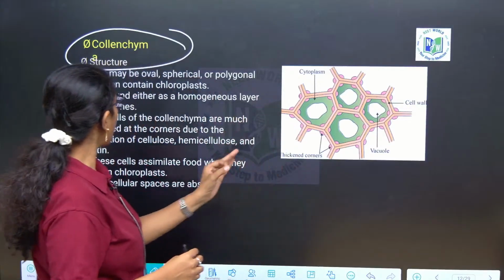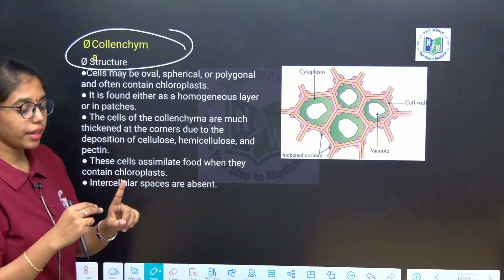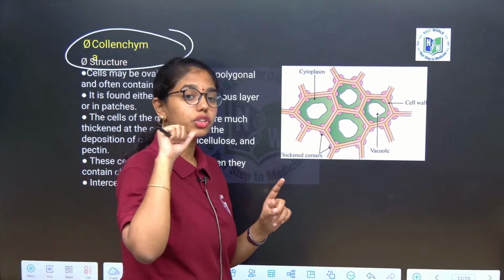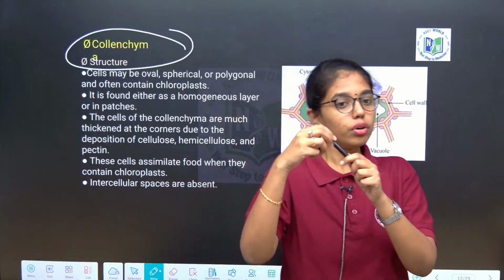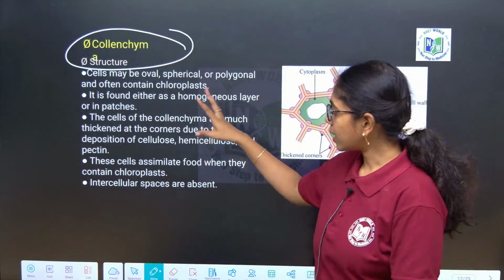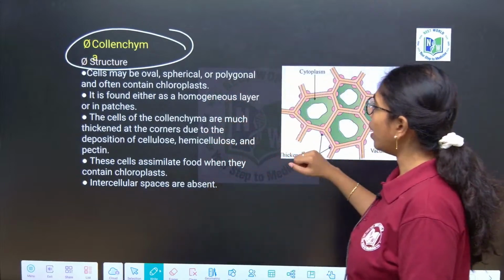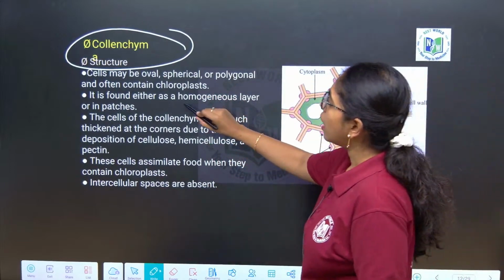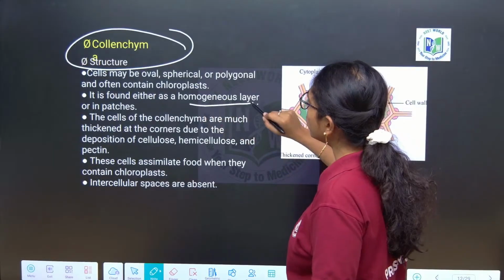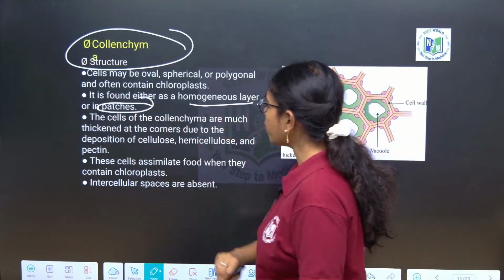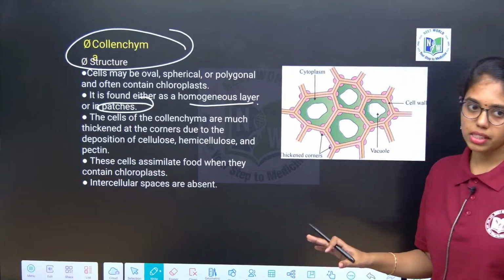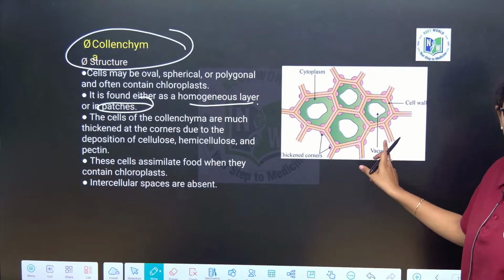Most importantly, they provide flexibility and strength to petioles to carry the leaves. That is the major function of collenchyma, and the cells are found either as a homogeneous layer or in the form of patches, and intercellular spaces are absent.